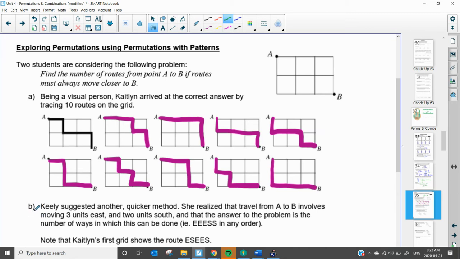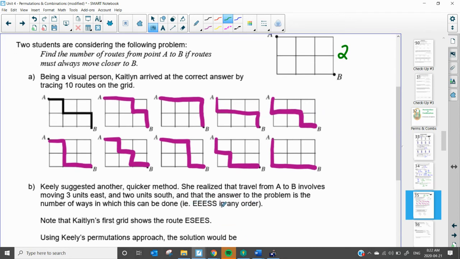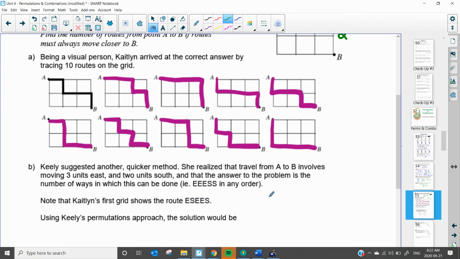And she's figured out that traveling from A to B involves moving 3 units east and 2 units south. So that means that we're going 3 units to the east and 2 units to the south. And then she says, well, if I write that out, that's EEESS. Oh, well, I know from doing factorials that just means I can count up all my letters and divide by my repeats.